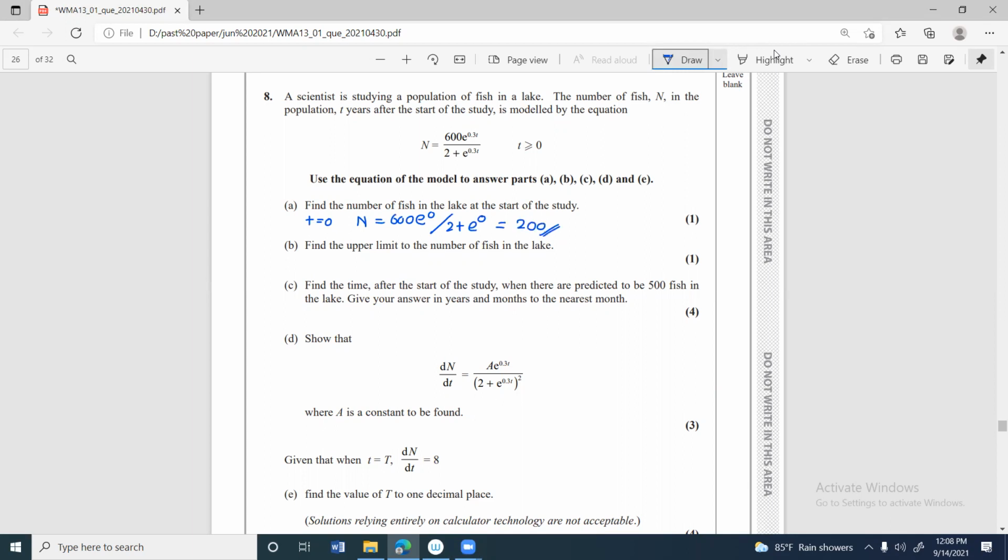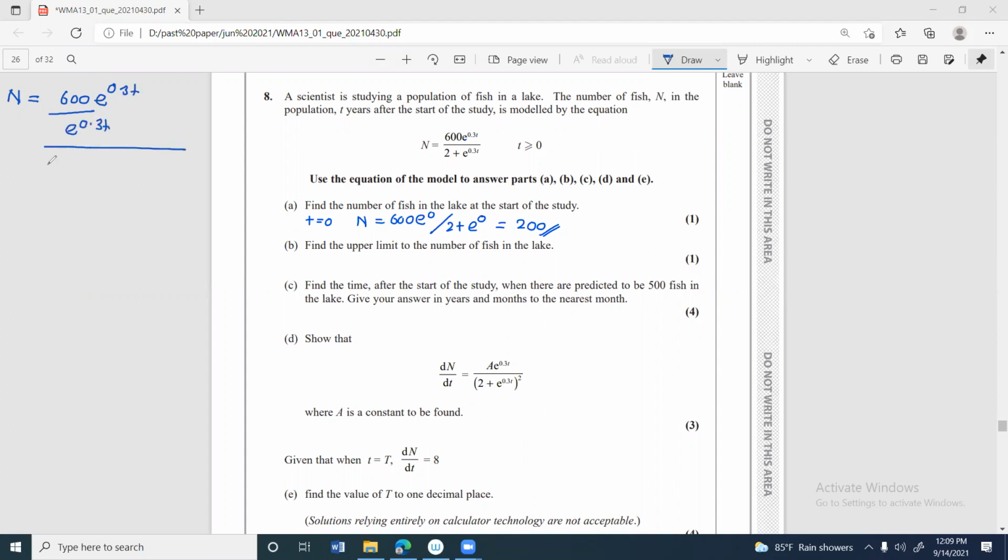Find the upper limit of the number of fish in the lake. When you're working out the upper limit, if you sketch this graph, you know that when the t value increases, this also increases. So I will do it in this way: I will divide 600 e to the power 0.3t by e to the power 0.3t, and divide 2 plus e to the power 0.3t also by e to the power 0.3t.